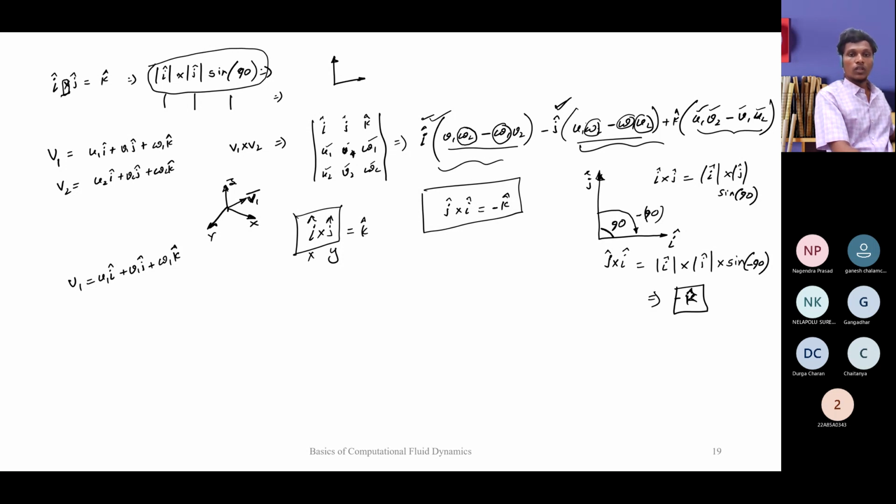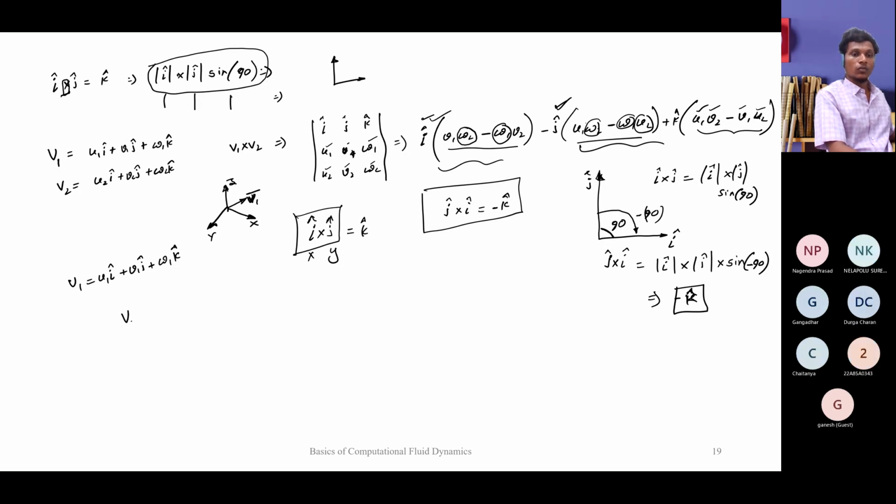If I want to identify the unit vector of this v1, unit vector means I want only the direction of this v bar, but not its magnitude. So what should we do? We should create the unit vector by dividing the vector by its magnitude.